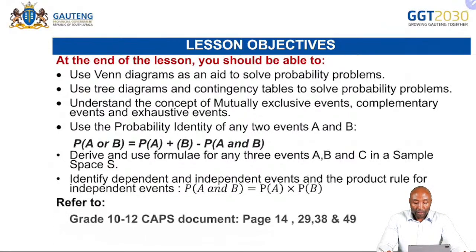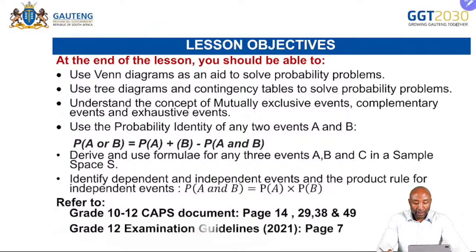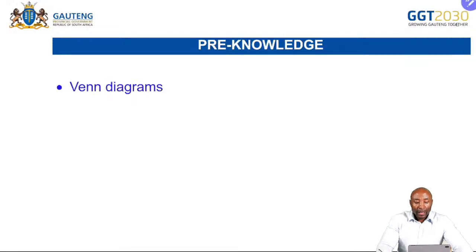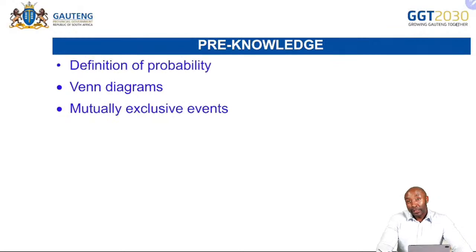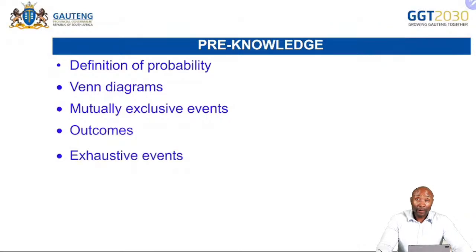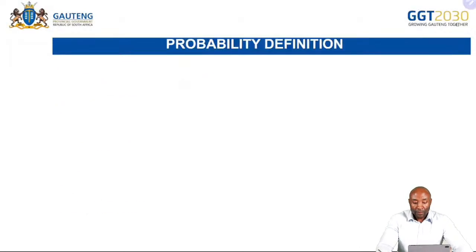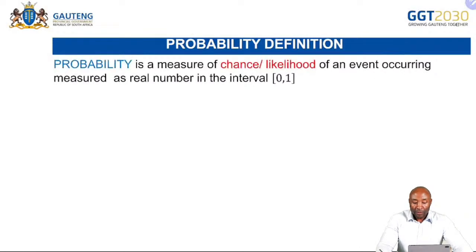Now we can refer to our CAPS document as well as our examination guidelines for 2021 on page 7. Our knowledge: Venn diagrams, the definition of probability, outcomes, we should be knowing what outcomes are, our equations, we should be able to solve equations, and we should be able to use the product rule.